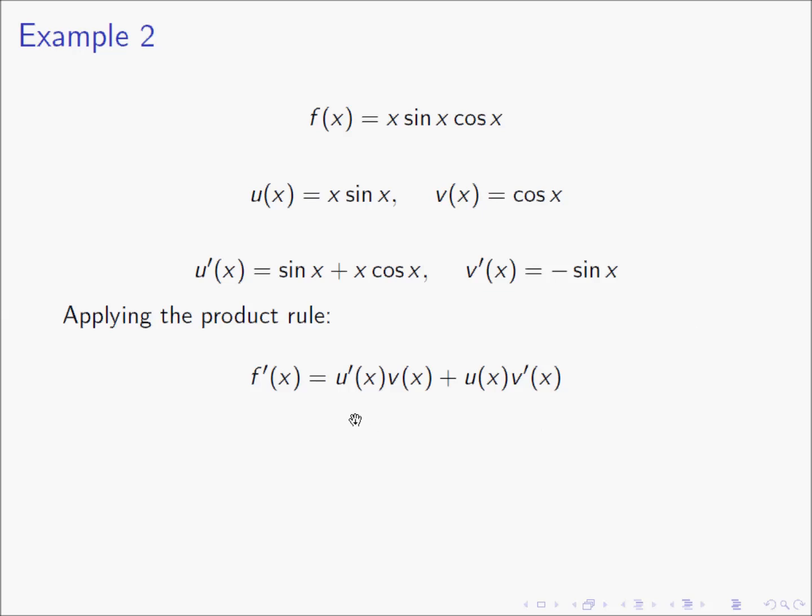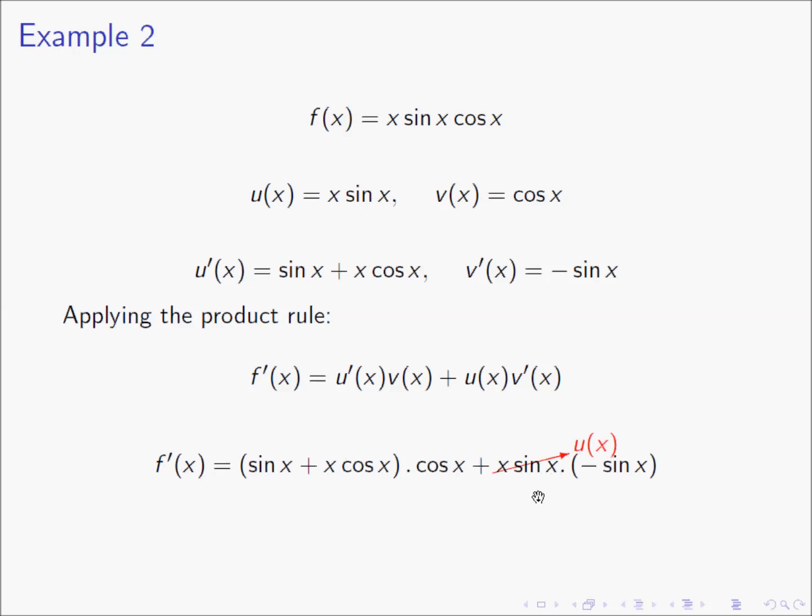So the product rule tells us this, and we only need to replace, and doing that we get f prime of x equals sine of x plus x cosine of x times cosine of x. Here what is between these parentheses is u prime of x, and cosine of x is v of x, then plus x sine of x times minus sine of x.